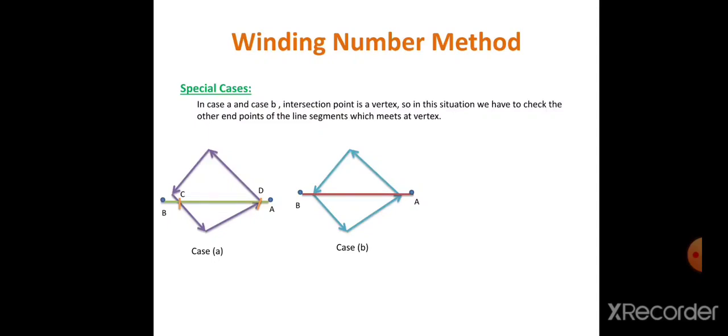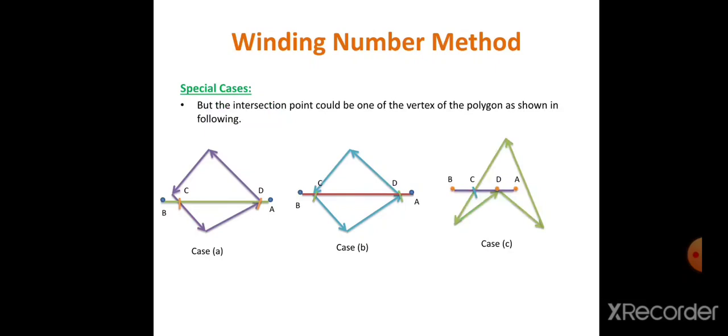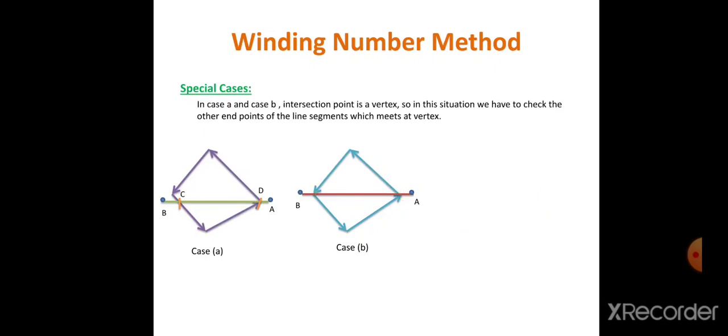We have the two intersection points over here, C and D. For intersection C, the line starts from above the line AB and ends below the line AB, that is why its count will be +1.